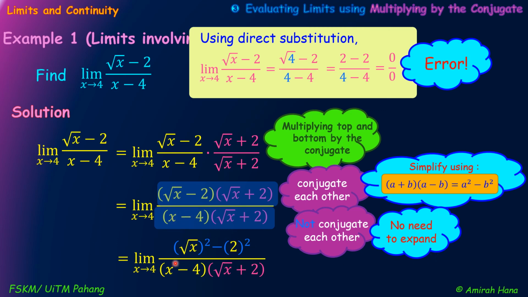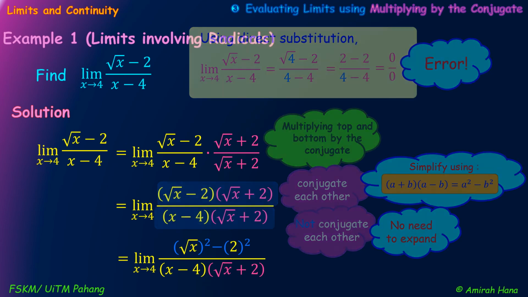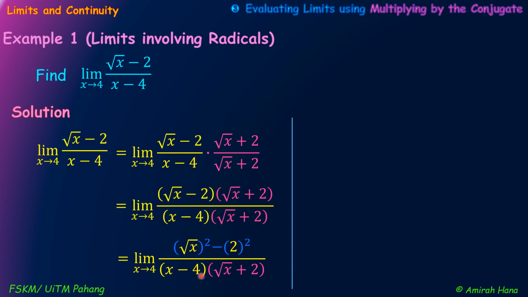We just write the same factor. After that, we can simplify the square and square root here, so we get x − 4. And we still have the same denominator because we did not expand.